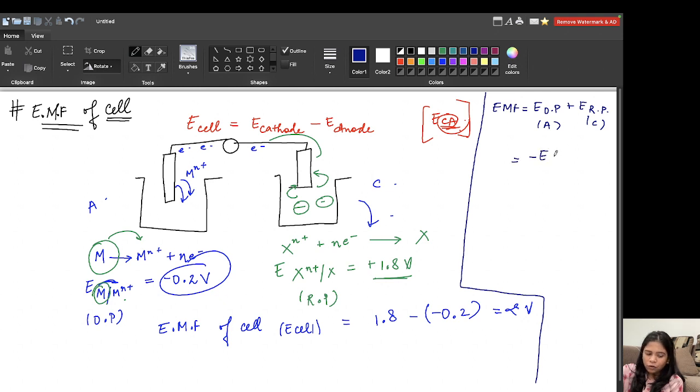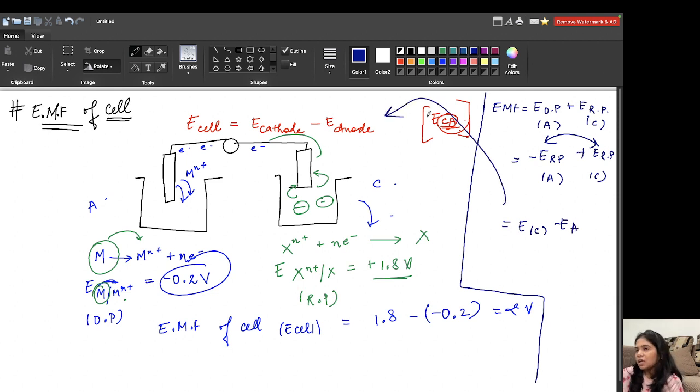Minus of E of reduction potential of anode plus E of reduction potential of cathode. I'm just writing it the opposite way. You'll get E of cathode minus E of anode. That's our formula, right? So this is how you find the EMF of the cell, which is nothing but the difference between the electrode potentials of both the electrodes.